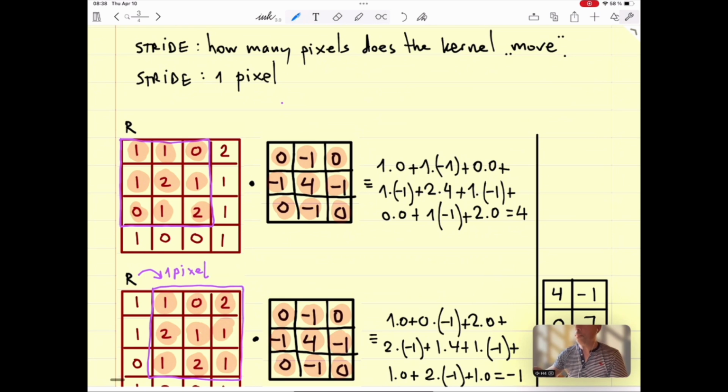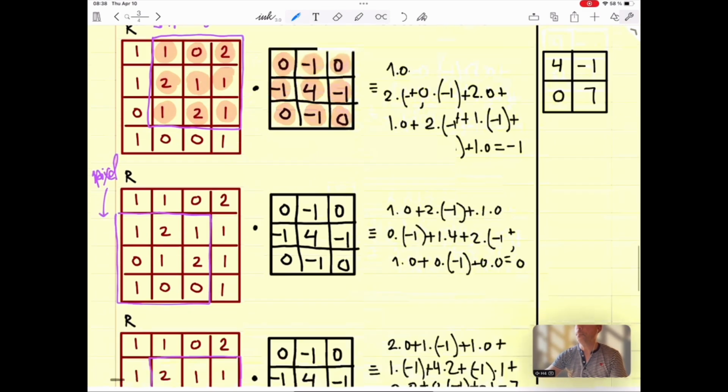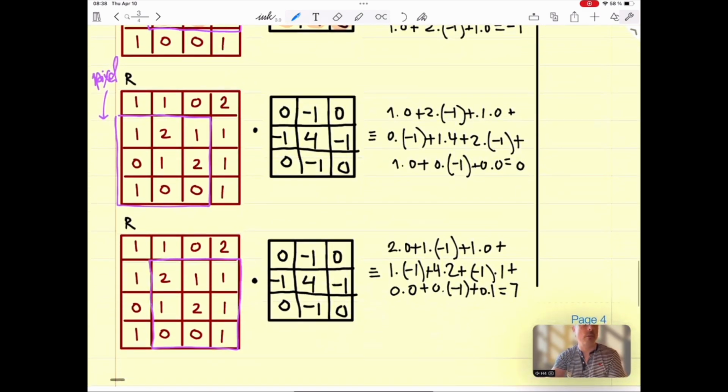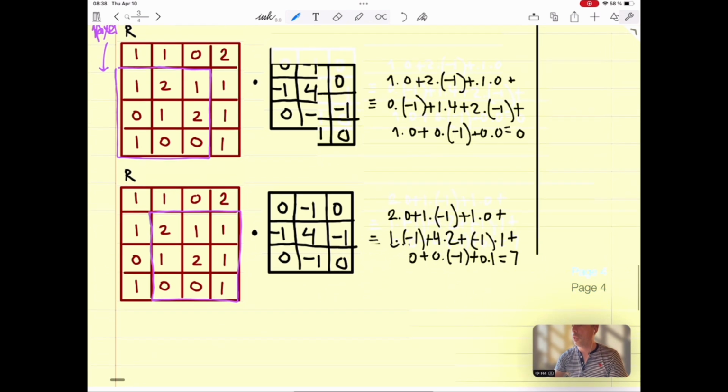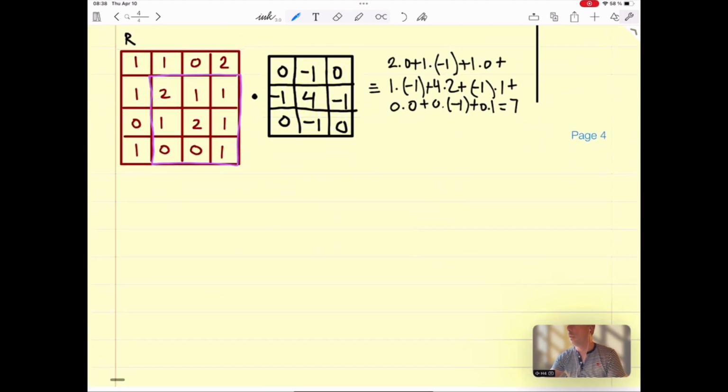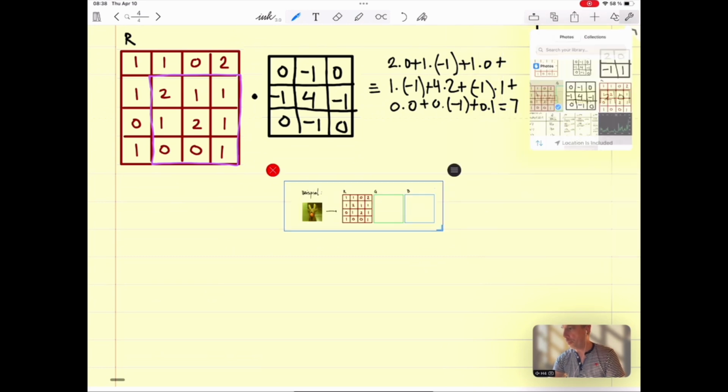So we have now done the convolution. Now you know how to perform a convolution. In other words, we can repeat this for all the channels.